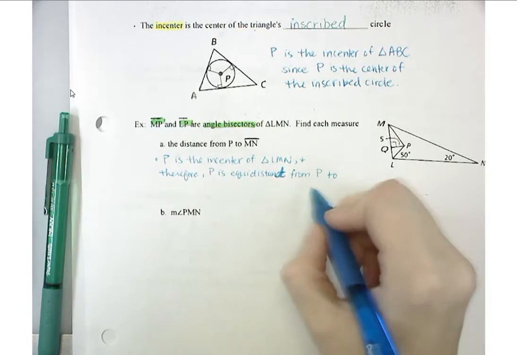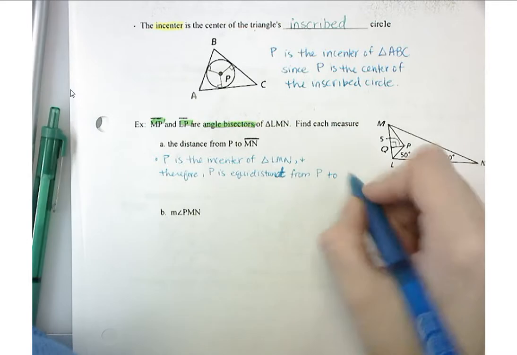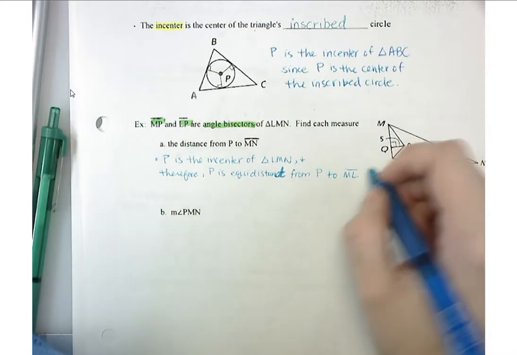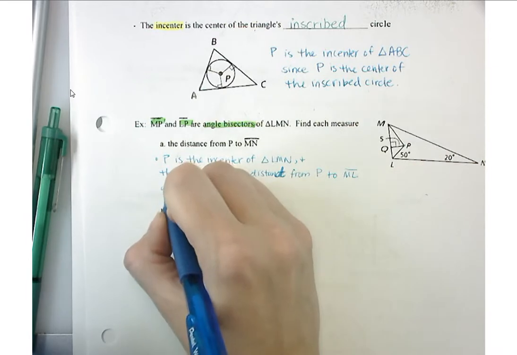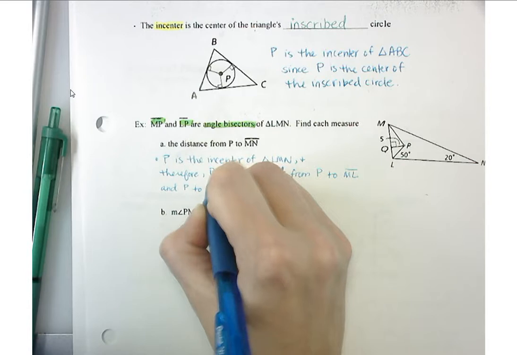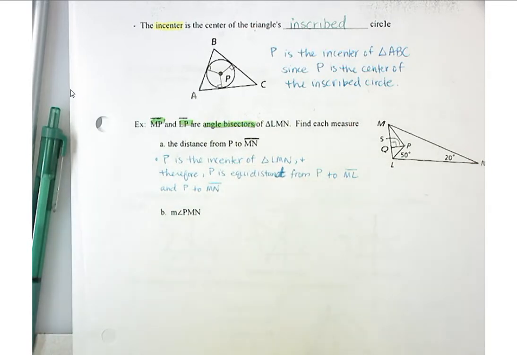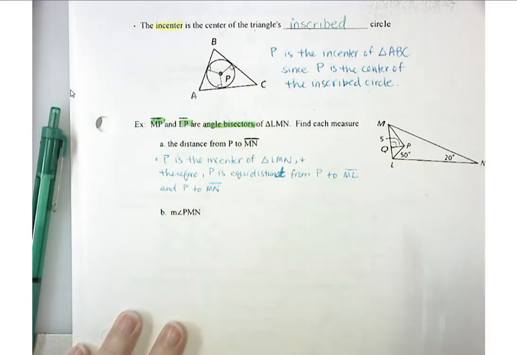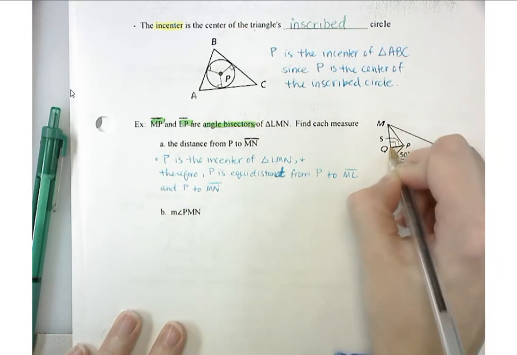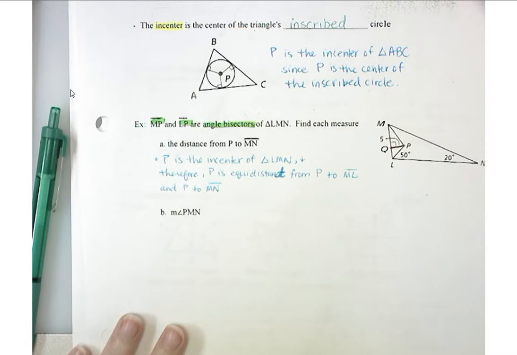So from P to ML, and P to MN, as long as that distance is 90 degrees. So the distance from P to this side ML is defined here as PQ.